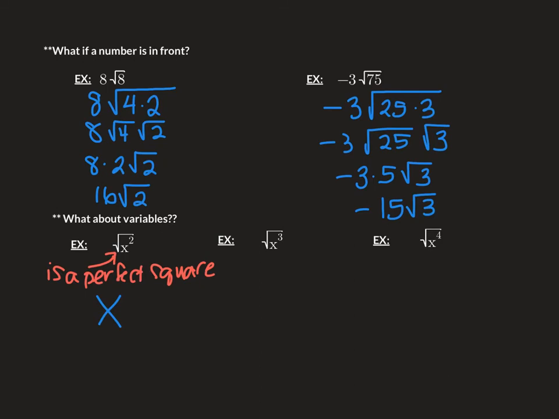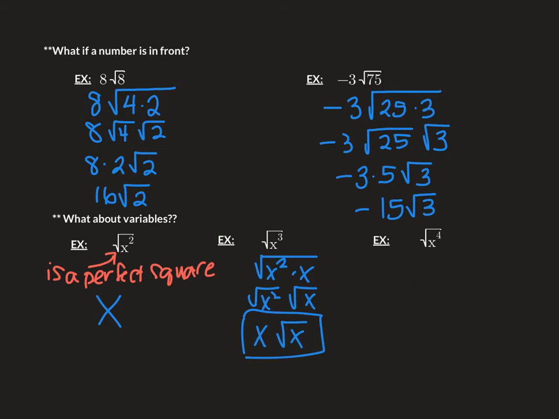I'm going to find the largest perfect square factor that goes into it, and that's x squared. And x squared times x is the same thing as x cubed. Do you agree? Well, now I can use the product property and I get x squared and x. And the square root of x squared is x, and the square root of x is just square root of x. So my final answer is x root x.